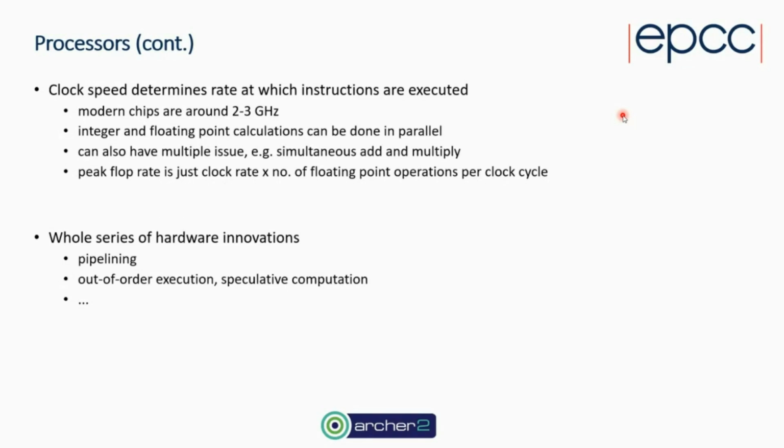And a branch in this case could be an if statement in your code, but it could also be a loop. So loops are effectively branches as well, because at the end of a loop, each time you check, do I need to continue, yes or no, and then continue around the loop. And as computational simulation codes tend to be large loops across floating point numbers to do operations, if you had to drain down that pipeline every time you got to the end of a loop, you would end up reducing the performance you get out of the processor.